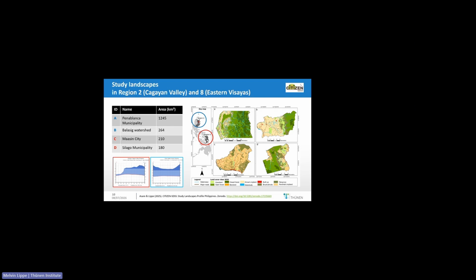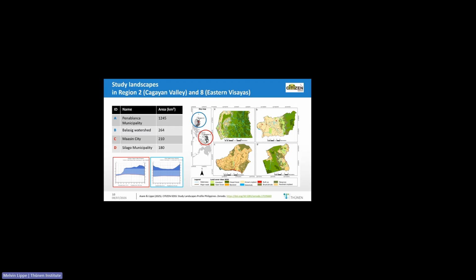And you can see then on the right side in the table that the area of these landscapes can differ quite widely. You can also see from the map on the right side that we have different land cover compositions. So Peña Blanca in the upper left of the map still has high forest cover, while for example Maasin, just below, has basically no forest, so just very degraded landscapes.